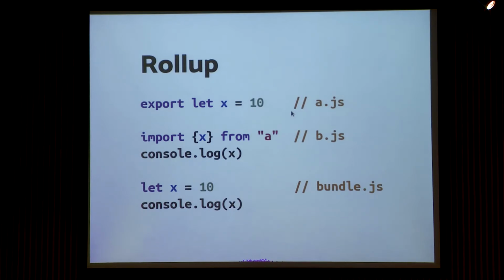Or if there's another module which has another local variable called x, they'll all end up in the same scope, but you can just rename variables that happen to clash in order to still produce a bundle with a single coherent scope in which this might be hundreds of different modules. As long as they're defined in this way, they can all peacefully coexist in one scope in your output bundle, which saves a lot of space.